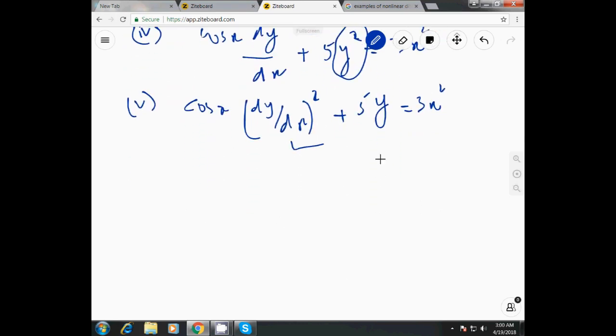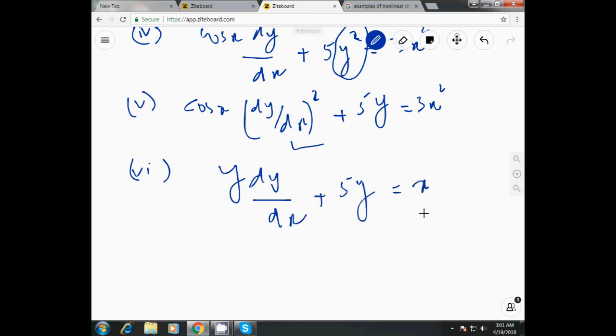So this term is creating the nonlinearity in this differential equation. Similarly, if you write y dy by dx plus 5y is equal to x, this is nonlinear because there is a product of the unknown function with its derivative.